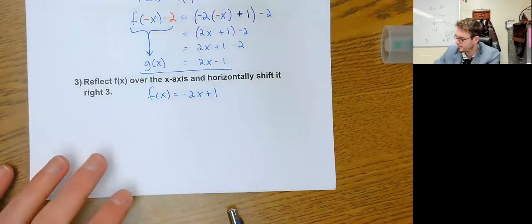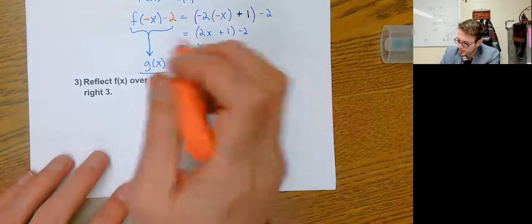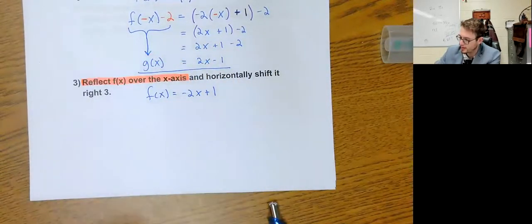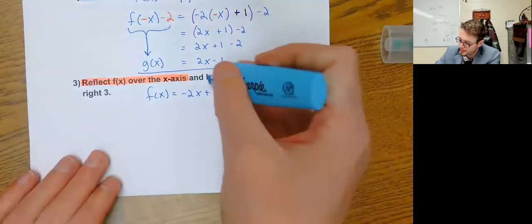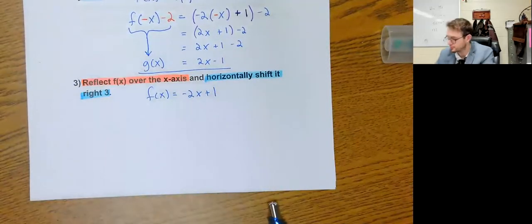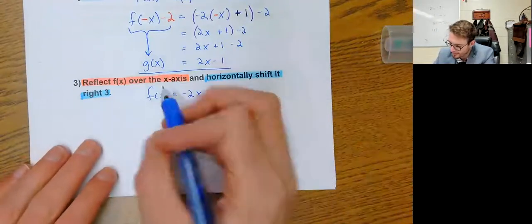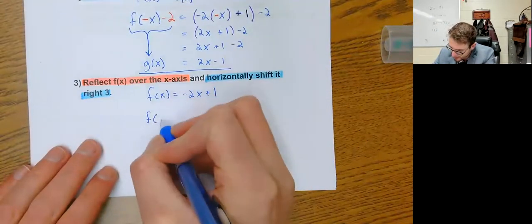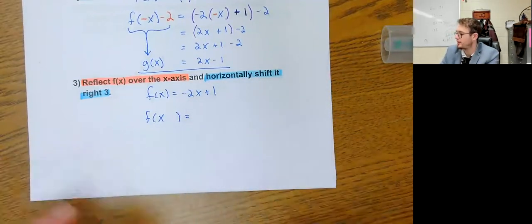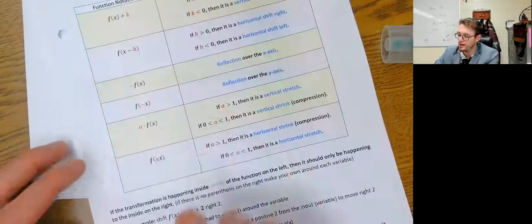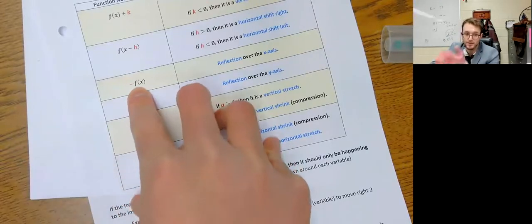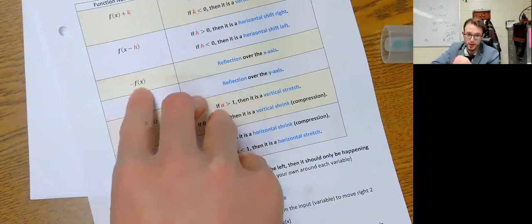So this one wants us to reflect f of x over the x-axis and horizontally shift it right 3. g of x equals. So an x-axis reflection means to multiply the entire function, the whole function, by a negative. So the outside of the parentheses, which we're going to have to create, the whole function.